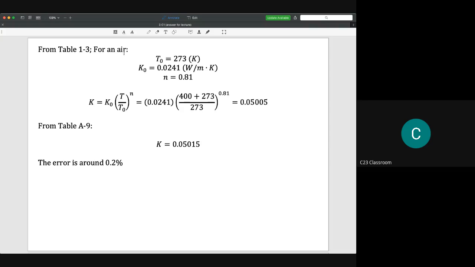For air, the T naught and K naught are already in the table, and the value of n is actually equal to 0.81. Then we substitute with all the parameters here, and we get that k is equal to 0.05005. We could compare with the value given in the question, and it is found that the error is around 0.2%.